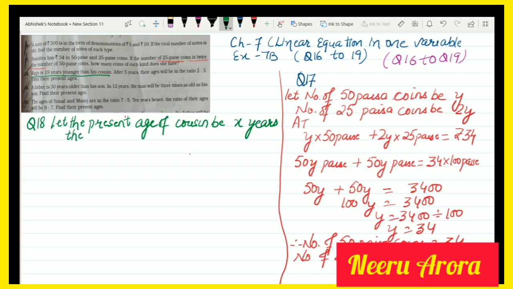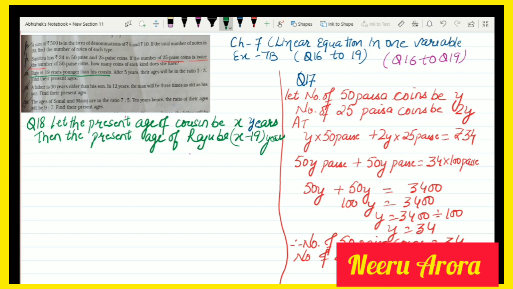The present age of Raju will be, because he is younger, x minus 19 years.